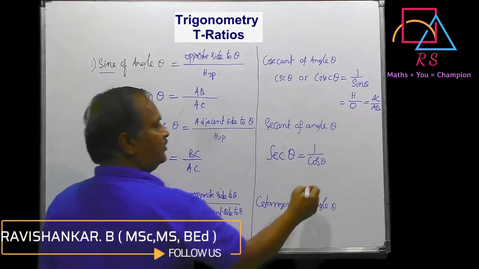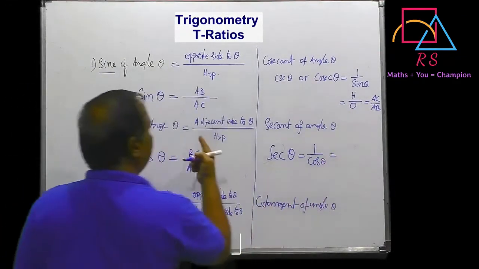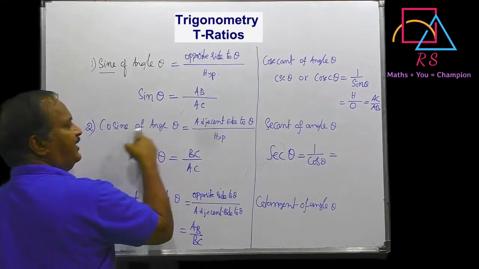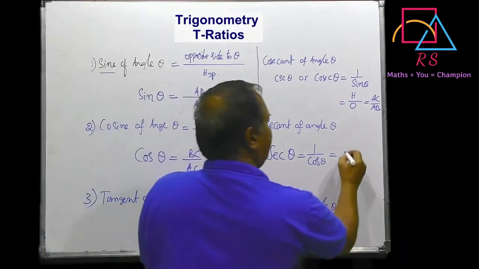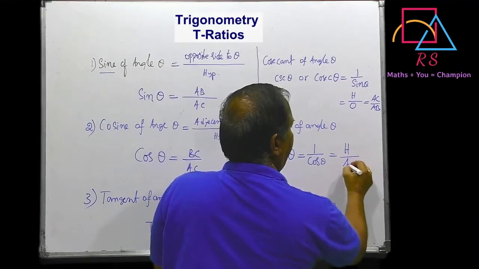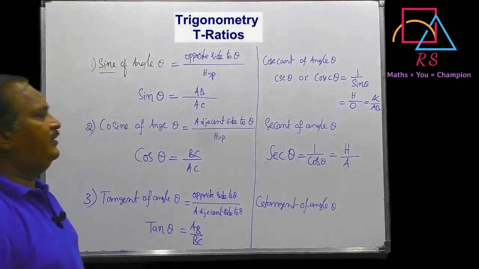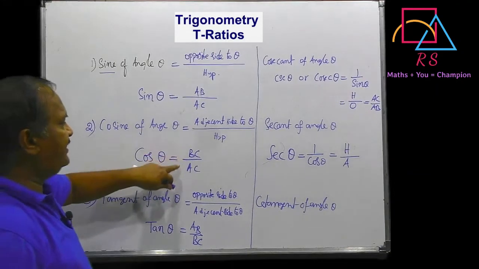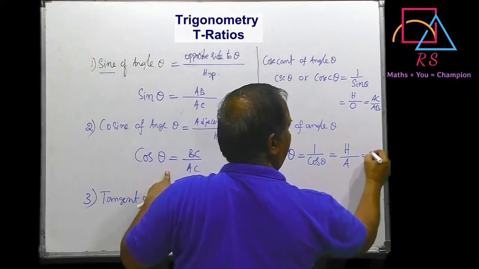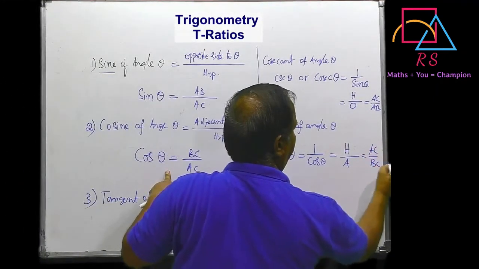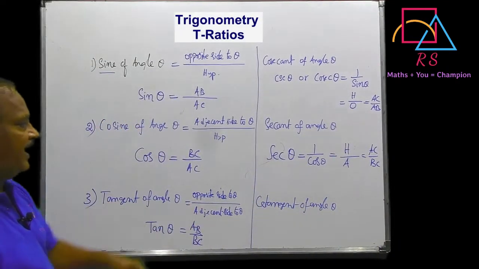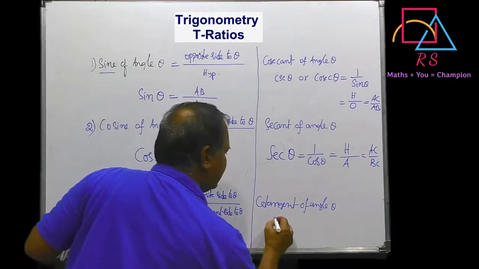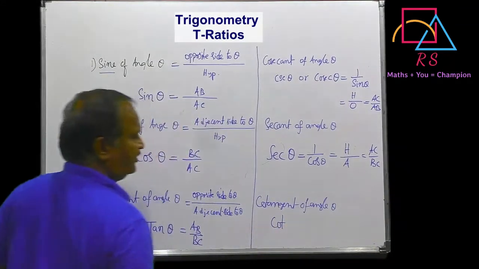Cosine is adjacent upon hypotenuse, and secant is hypotenuse upon adjacent side. So, this is nothing but AC upon BC, all are the same.